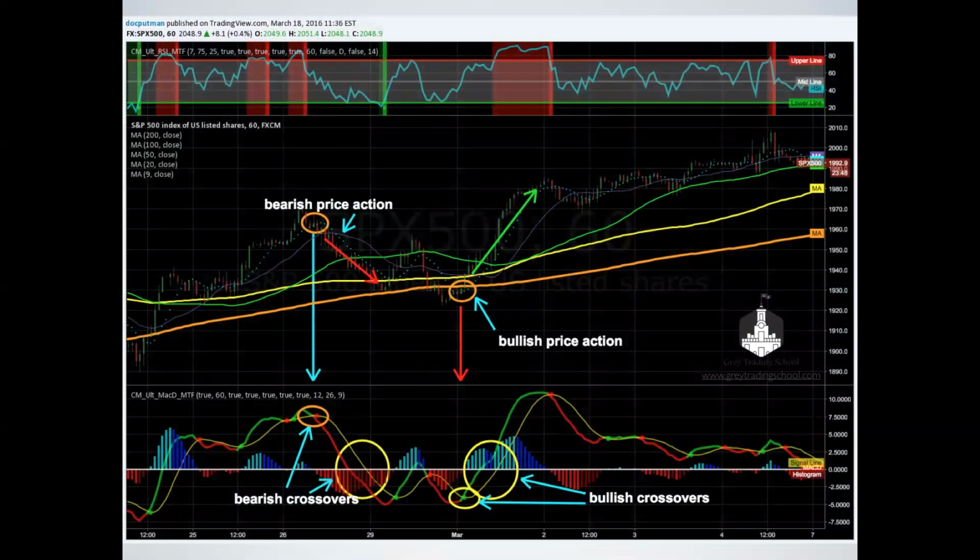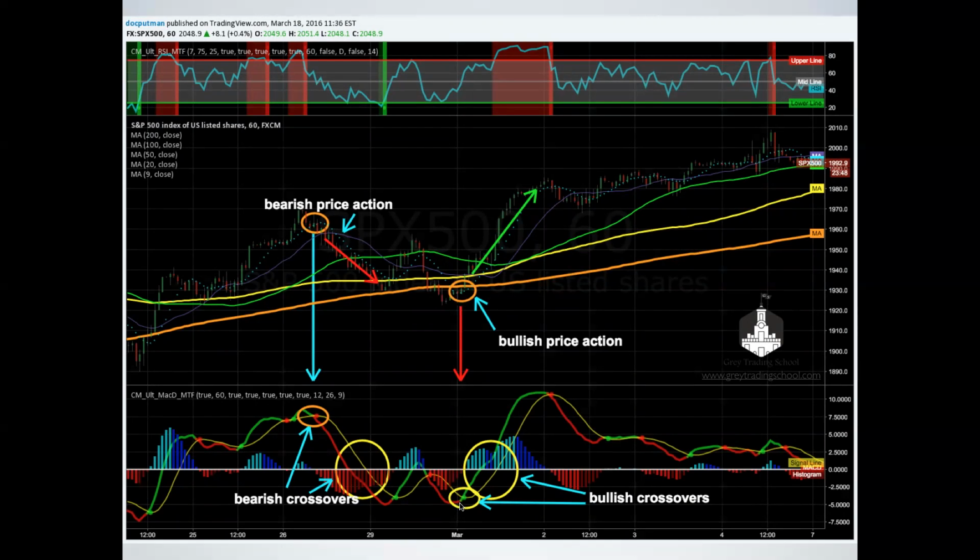Centerline crossovers are the next most common MACD signals. A bullish centerline crossover, which you can see here. Well, first off, I gave you a bullish signal line crossover. Following that bullish signal line crossover, we got a bullish centerline or zero line crossover. And up here you can see that the price action began to change and move positive.